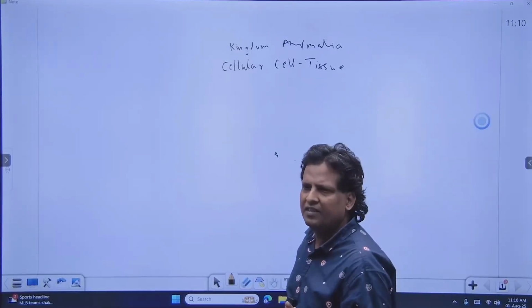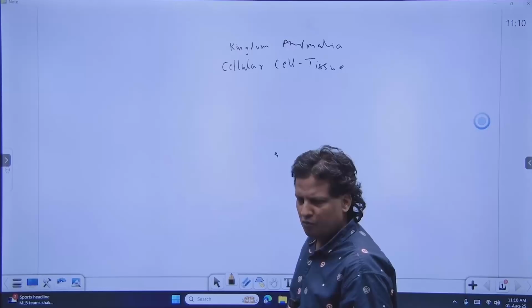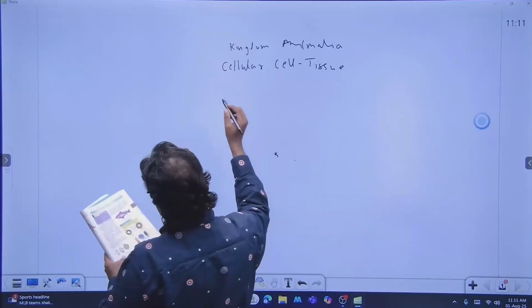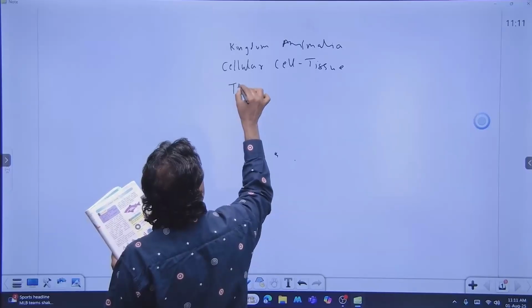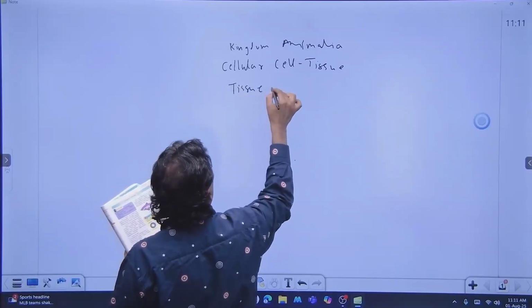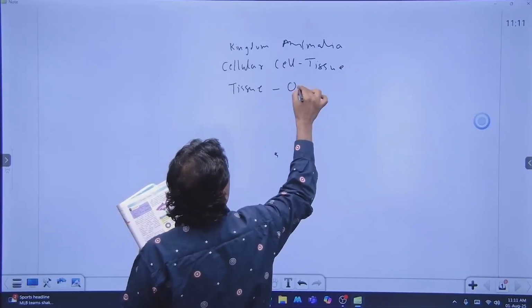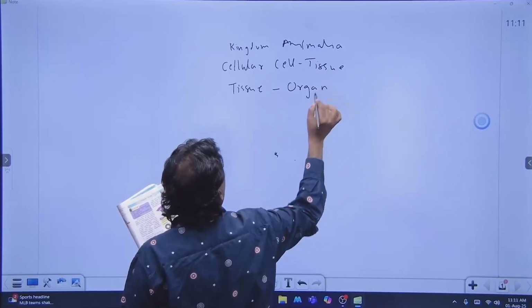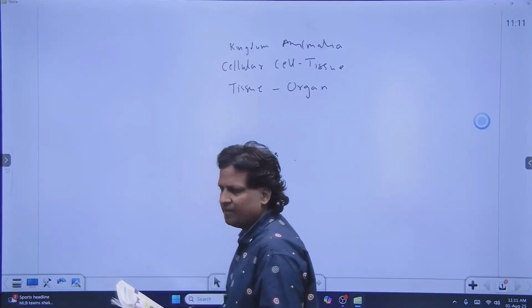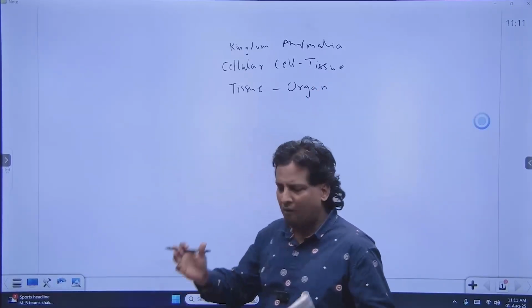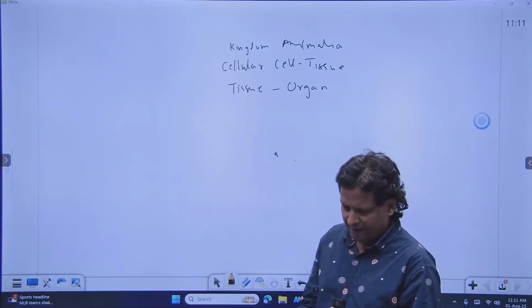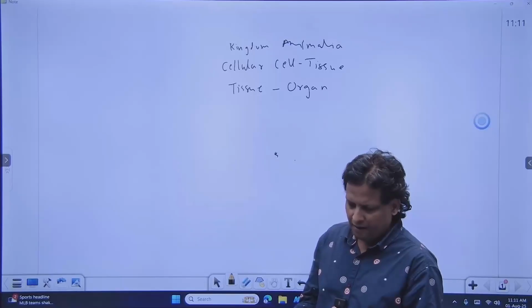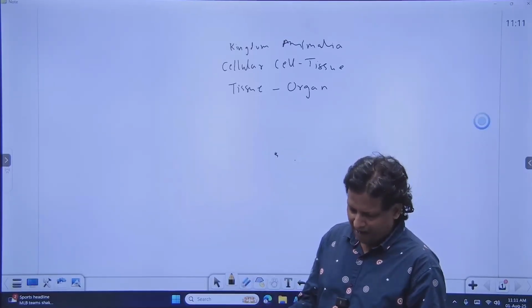Don't mix anything. Physics, chemistry, maths, separate books. Cellular, cell, tissue. An organ is made up of tissues, and tissues are made up of cells. Body symmetry means we have a body, and we have symmetry. Radial symmetry is there, and bilateral symmetry is there. Two symmetries are there, radial symmetry and bilateral symmetry.